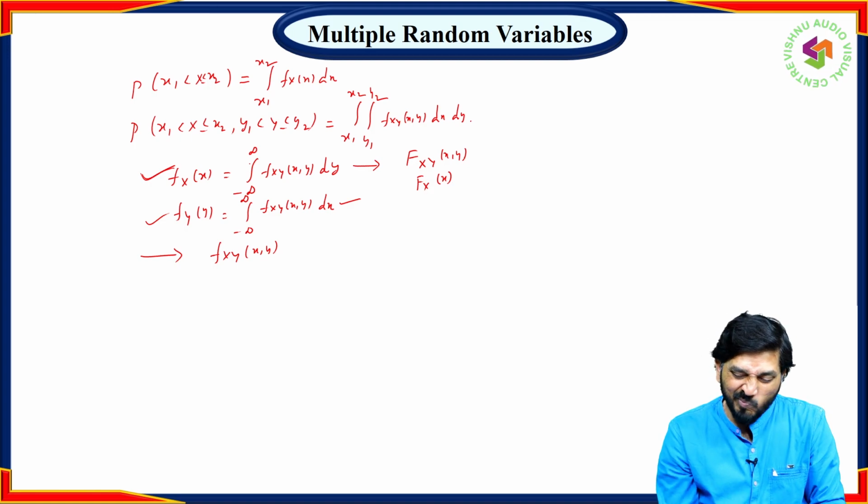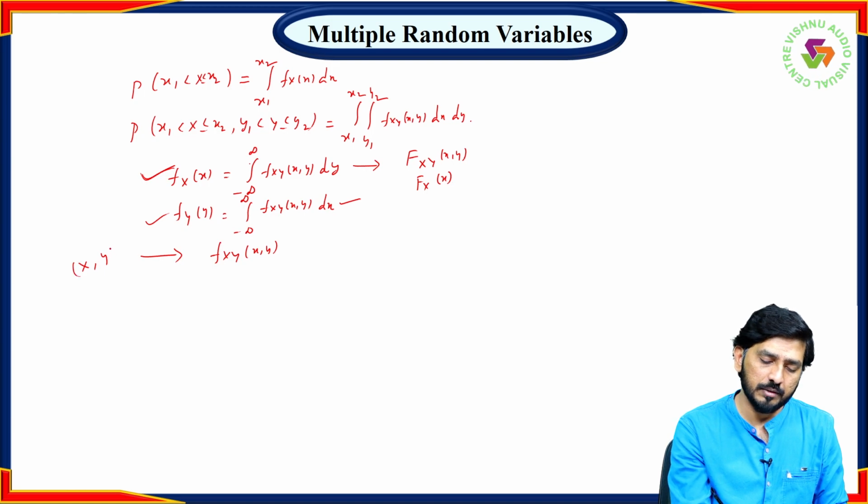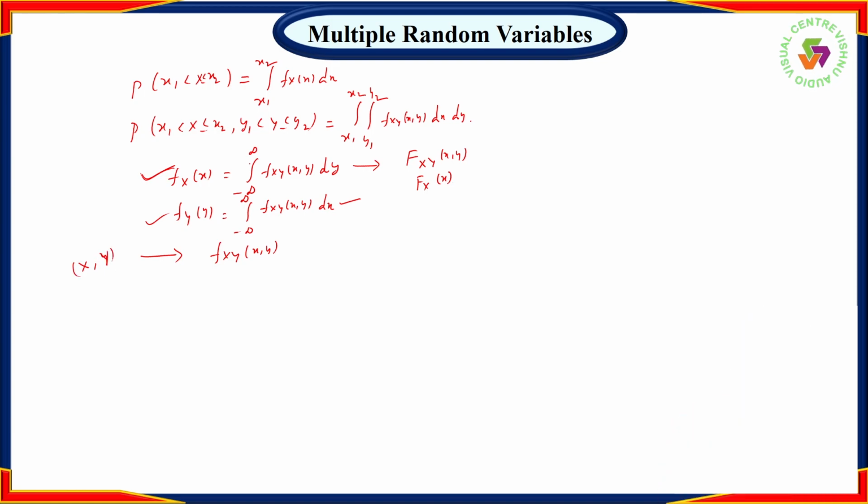Now we will see one problem related to the joint density function as well as the marginal density function. Suppose X and Y are two continuous random variables, and the joint density function is given by 1/18 e^(-(x/6 + y/3)) for x greater than or equal to 0 and y greater than or equal to 0.